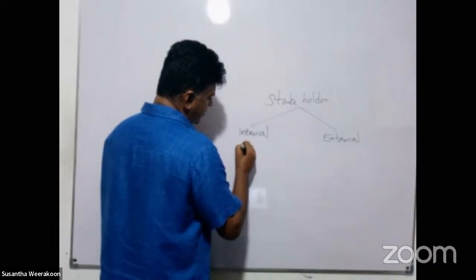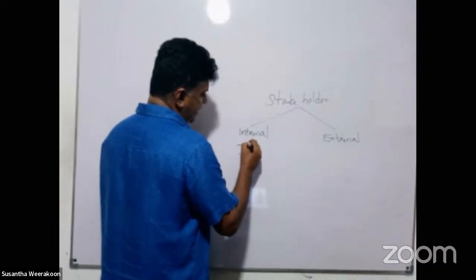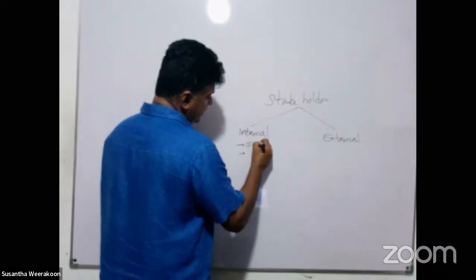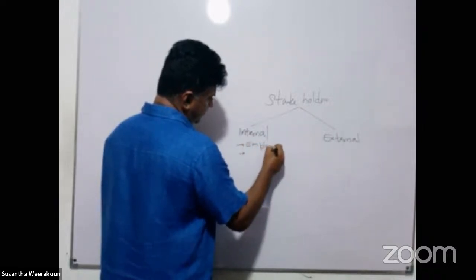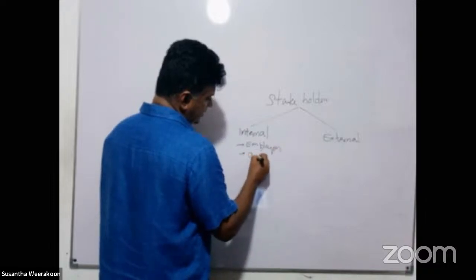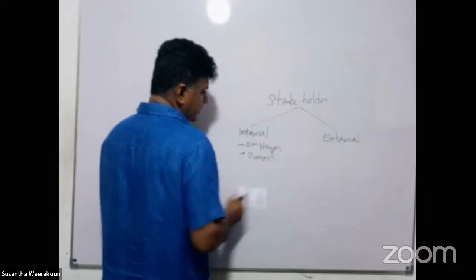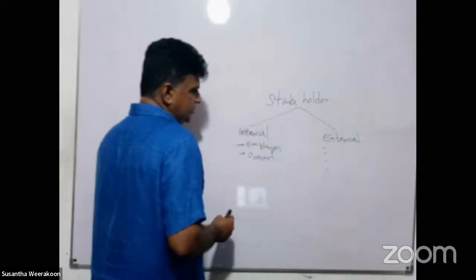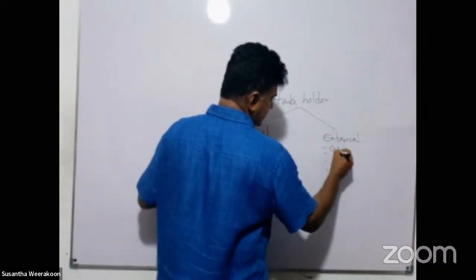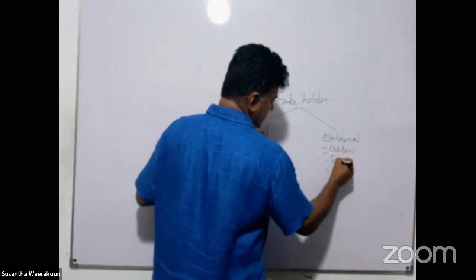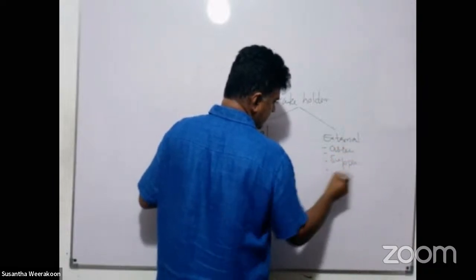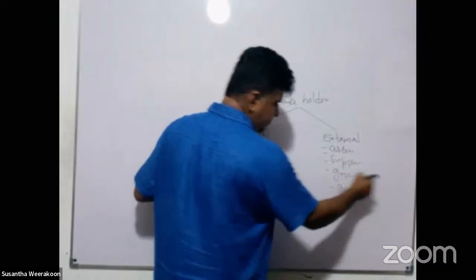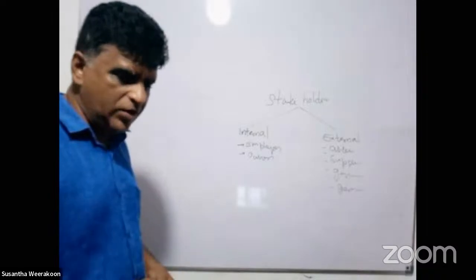Internal means who are inside the organization. We can say employees and owners, they are internal. Who are external stakeholders? Customers, suppliers, government, general public, they are external stakeholders.